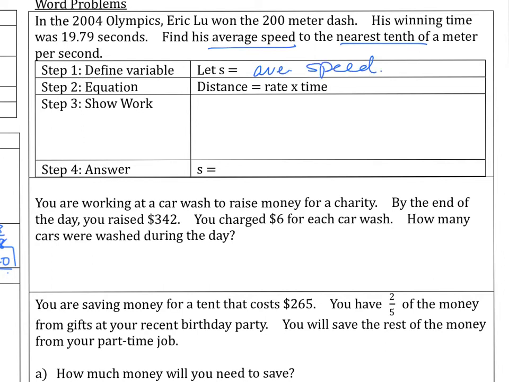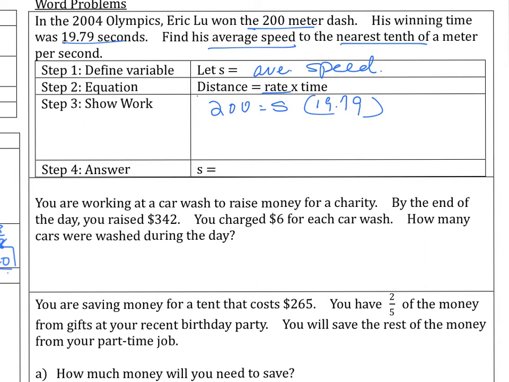Step 2, this is the equation that you need to use. Distance equals rate times time. And you're given the time, 19.79 seconds. Let's put that in. We don't know the rate, so that's S. And the distance is 200 meters.